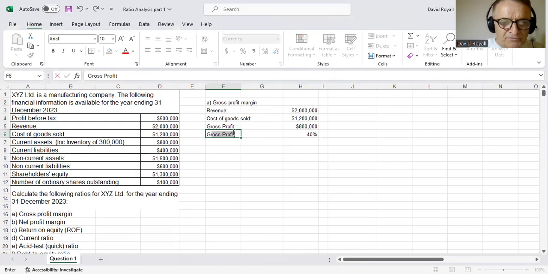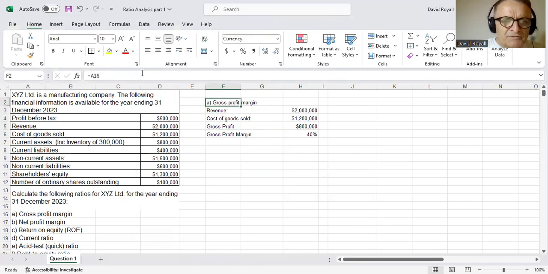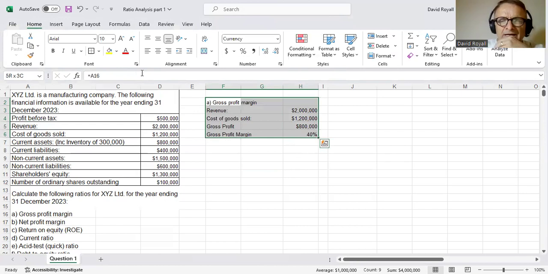So that's my gross profit margin. What that tells us is that for every $1 of sale, we are making 40 cents profit, but only against what we paid for the goods.